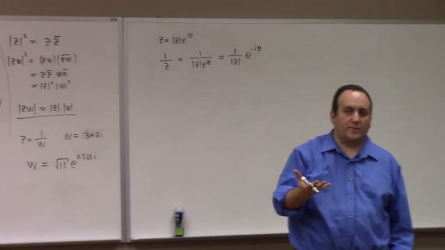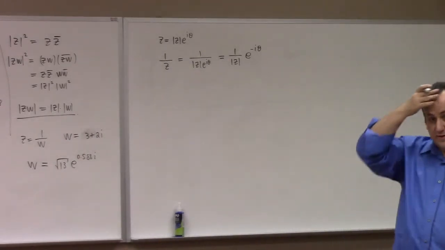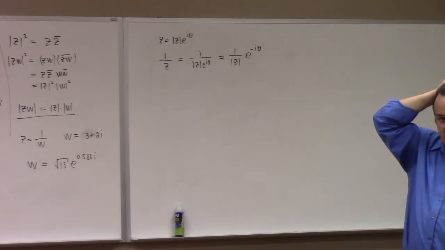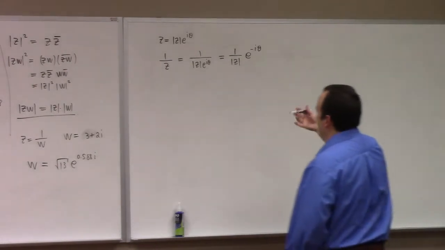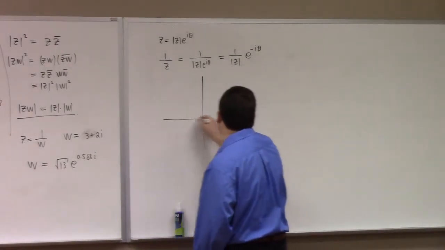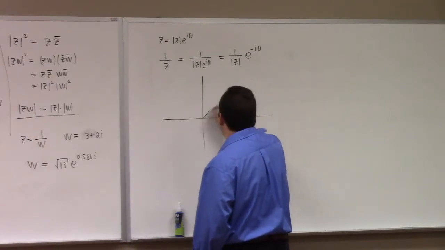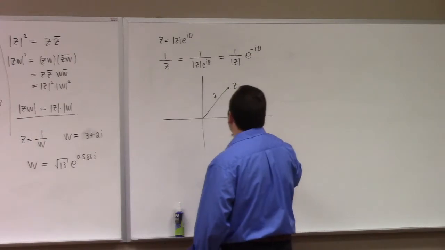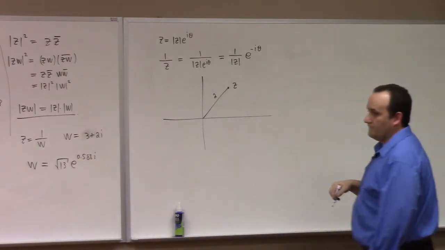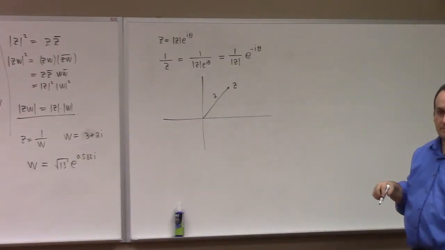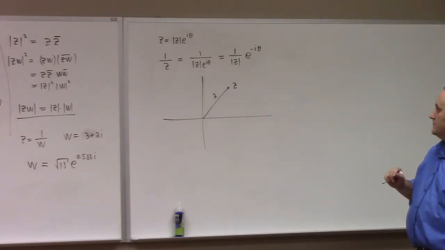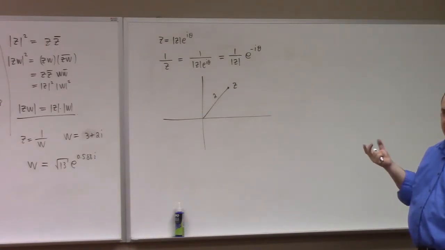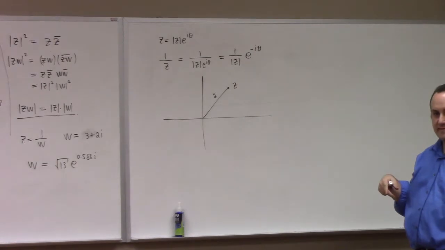So the polar form of a complex number is very useful for thinking about transformations of complex coordinates. Like, what is this geometrically? Suppose I start with this being z, and this is length 2. What's 1 over z look like? So what's the modulus of 1 over z? It's 1 over the modulus of z, right?